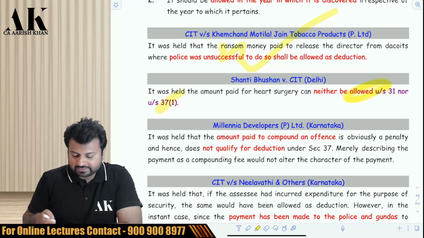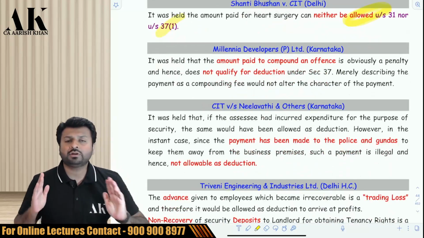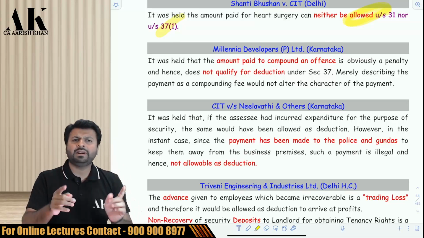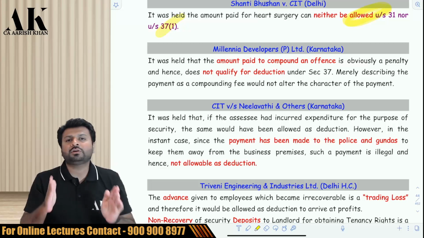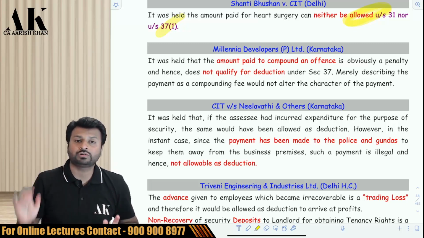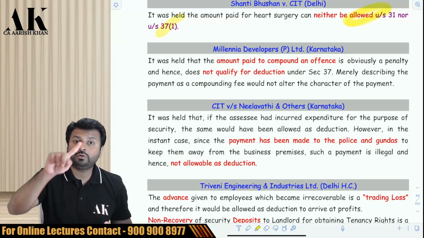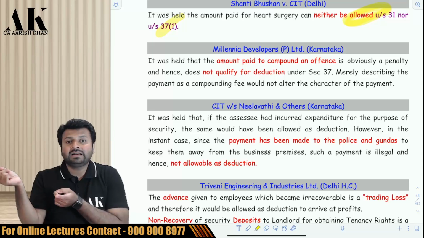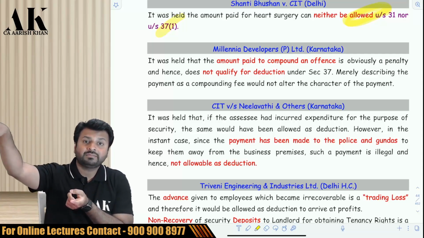Okay. Next, Millennia Developers, Karnataka High Court. What has happened? The assessee is a builder who builds buildings. He is a developer. The Karnataka Municipal Corporation Act gave the assessee permission to make a building up to 7 floors. But the assessee unfortunately built an 8th floor, 1 floor extra. For that extra floor he committed an offense, and he has to pay a compounding fee.